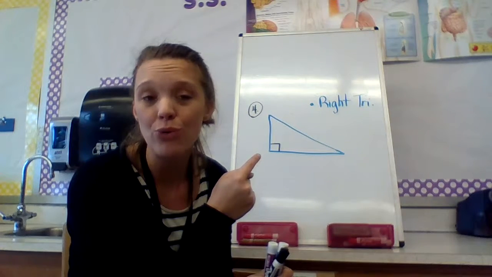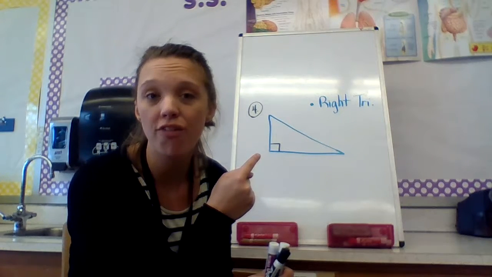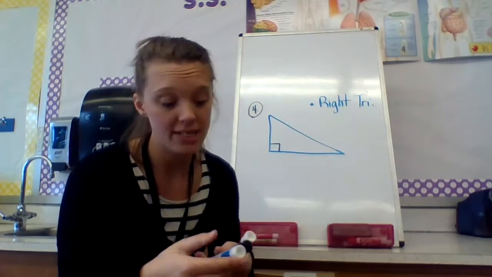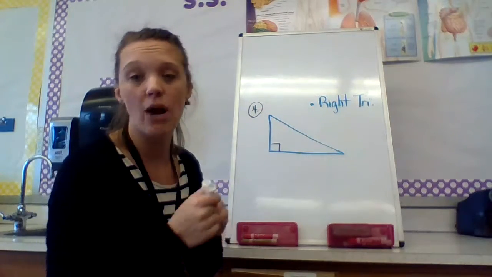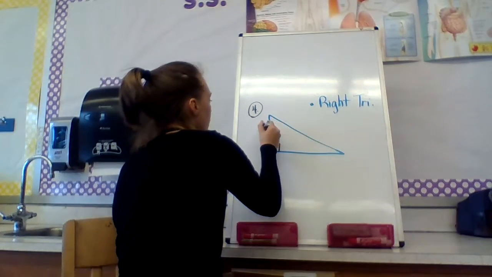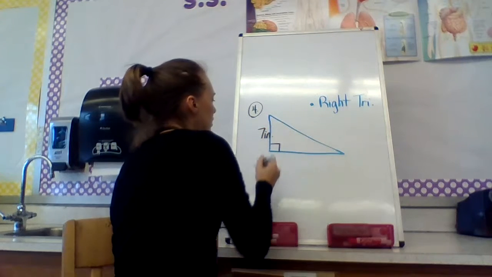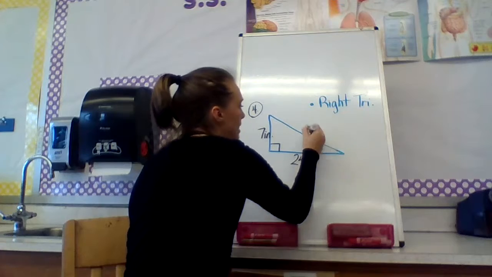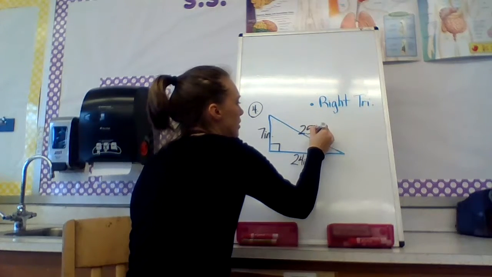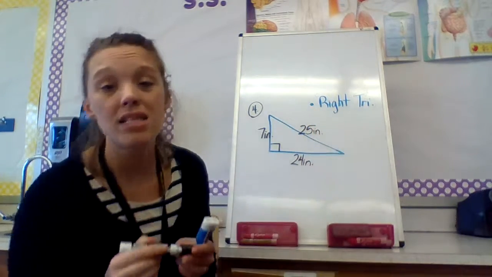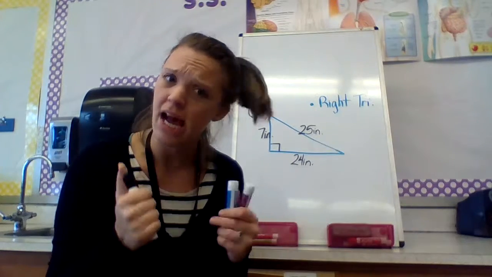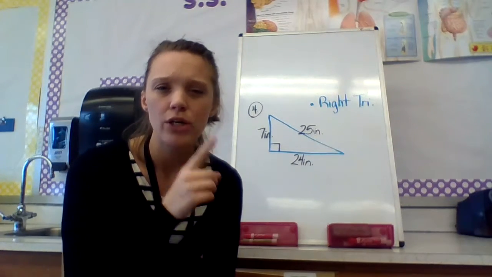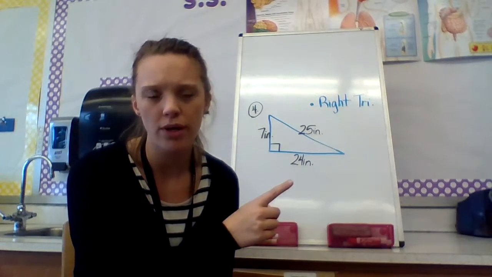Now, number 4 also gives you the length of their sides. So I see that the side going up and down is 7 inches. Across is 24 inches, and coming down is 25 inches. That's the second thing that I noticed. I noticed the sides next. 7, 25, and 24.